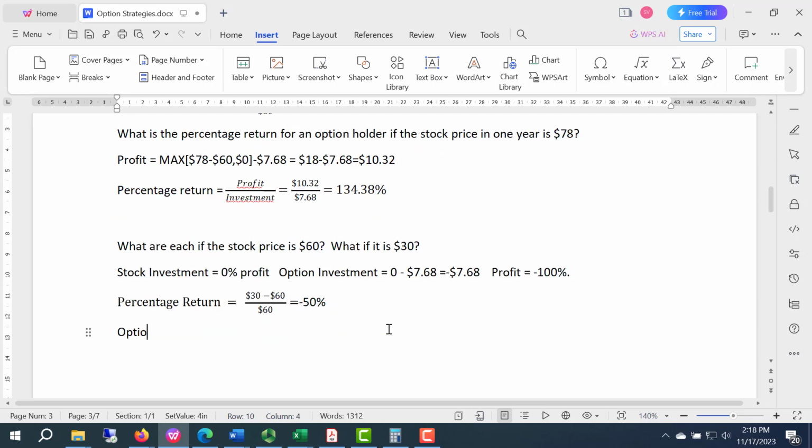The option investment profit is going to be equal to, again, the exercise value minus the investment.